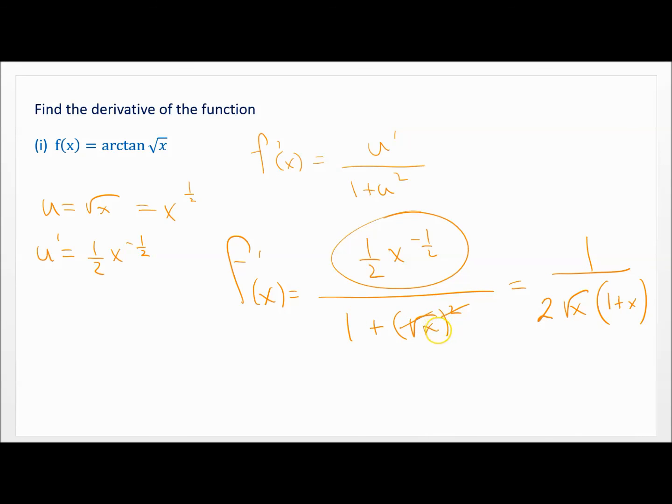When you take the square root of x squared, that's really the absolute value of x. But here's what I want you to notice. u originally was the square root of x, so you cannot plug negative numbers into a square root. So I don't have to worry about the absolute value in this case because x couldn't be negative anyway. It wasn't in the domain of the square root of x. So this is our final derivative.